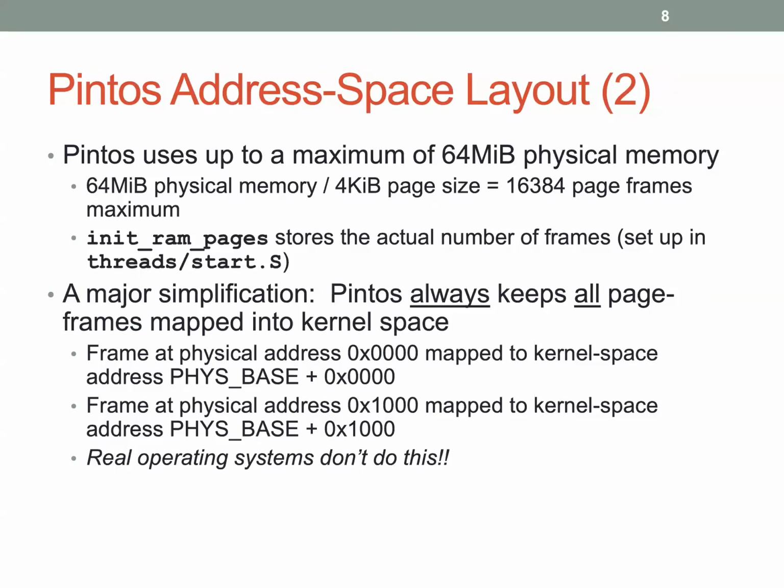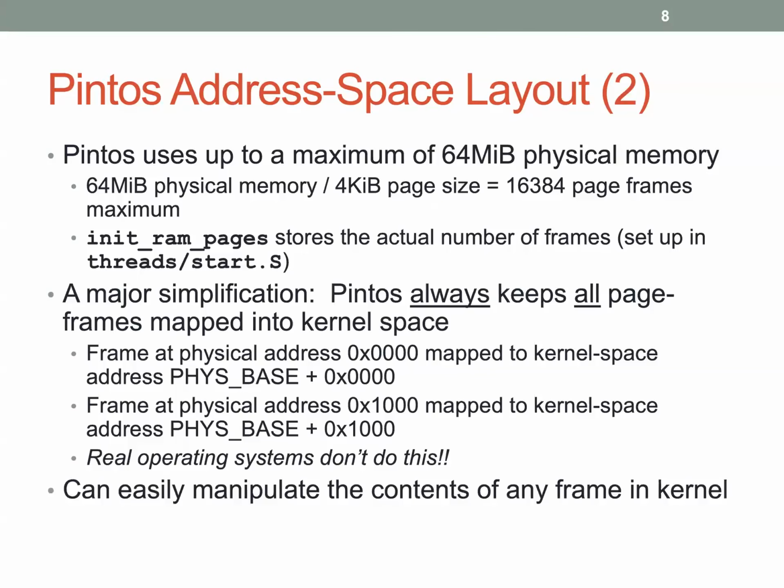But Pintos keeps all the page frames mapped into kernel space to make it super easy for you to write to any frame and to reference any frame. You know, you've got those V to P and P to V operations that move you back and forth. So that's the reason for that.